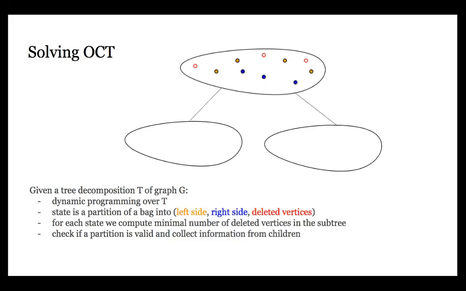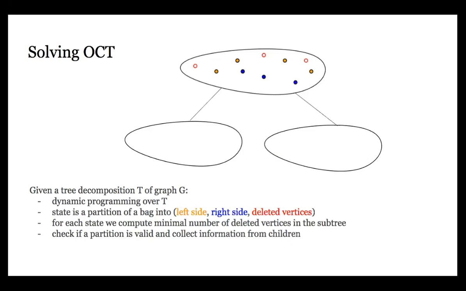It's a dynamic programming routine over the tree decomposition. And for each bag, we consider its states, where each state is a partition of a bag into the vertices which are going to be deleted and vertices which are going to be on the left side of the final bipartite graph and the right side.